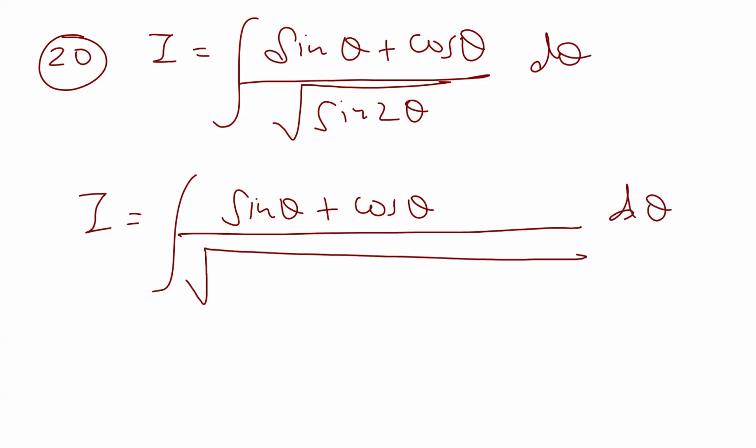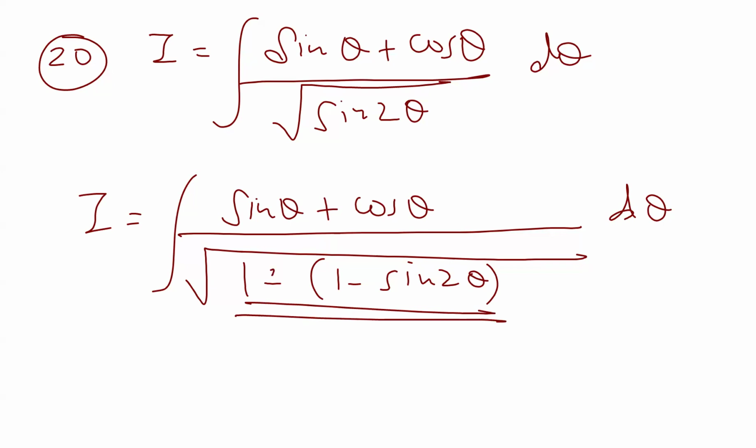This you have to remember: 1 minus, 1 minus sin 2 theta. See, the logic over here is if you expand this, 1 and 1 will go, minus minus will be plus, and we are left with sin 2 theta. So this step you remember.